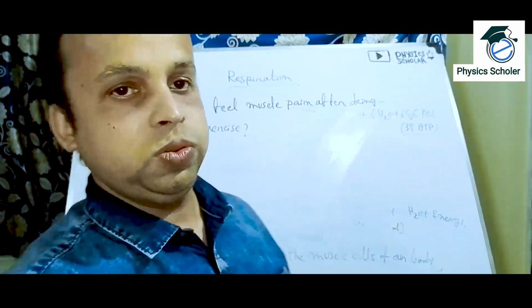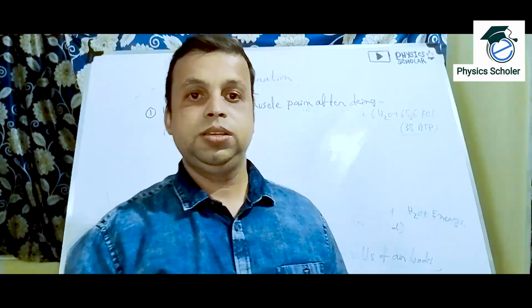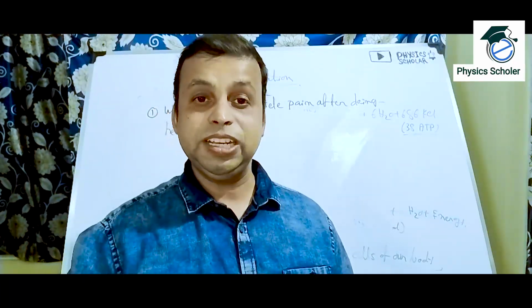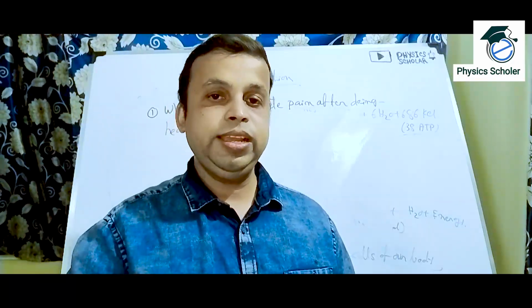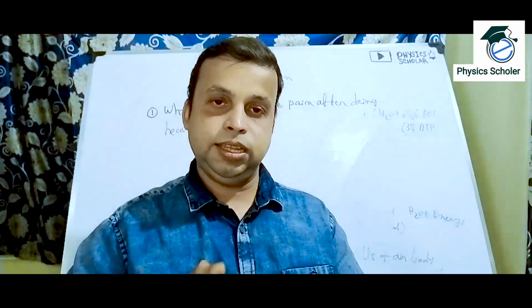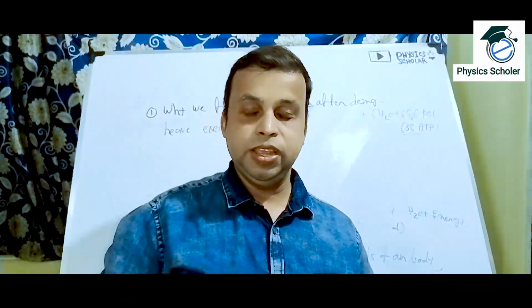If I ask you to run for, suppose, 15 minutes, you will feel a muscle cramp, muscle pain. Why? Because when we are doing heavy exercise, the blood cannot supply the required amount of oxygen to our muscles.